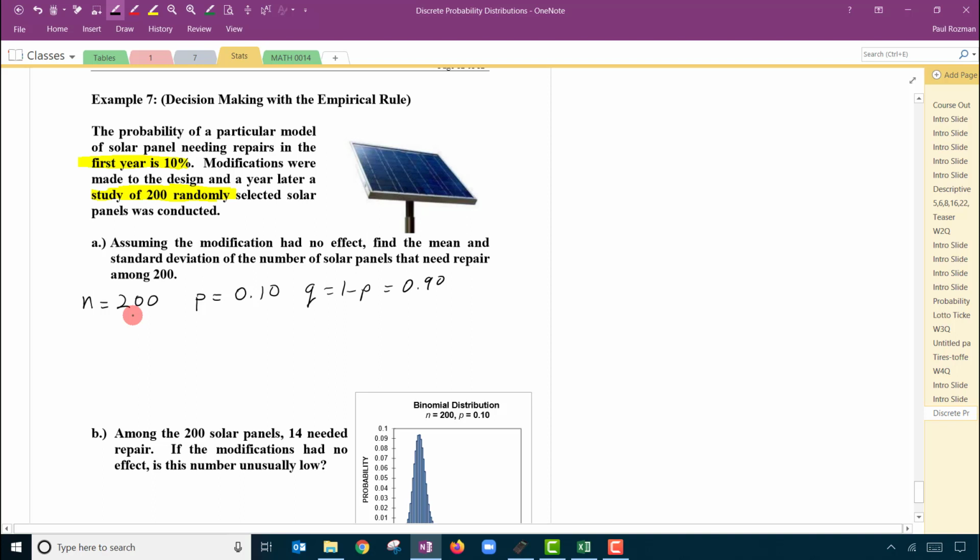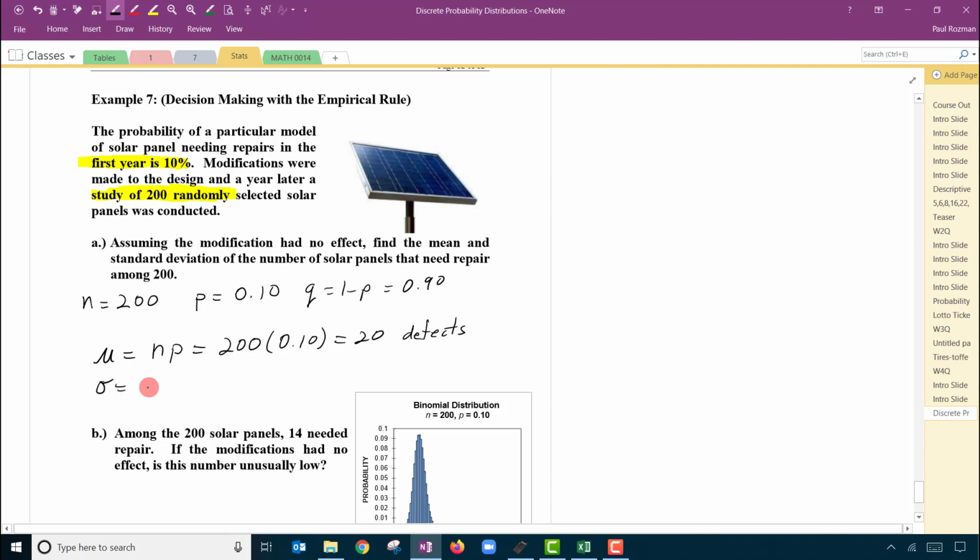Because we know it's binomial, that allows us to calculate the mean using the binomial formula, which is just np. So 200 solar panels are studied. There's a 10% chance of them being defective. So on average, we expect 20 defects in a group of 200.